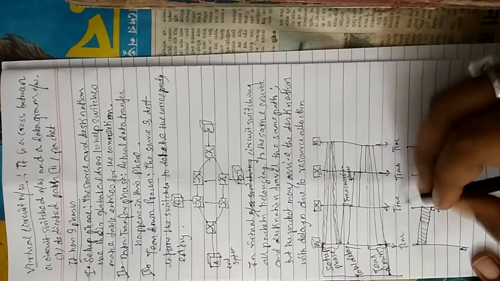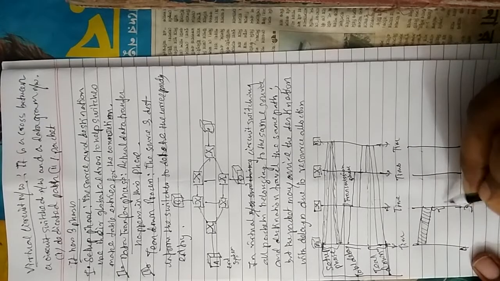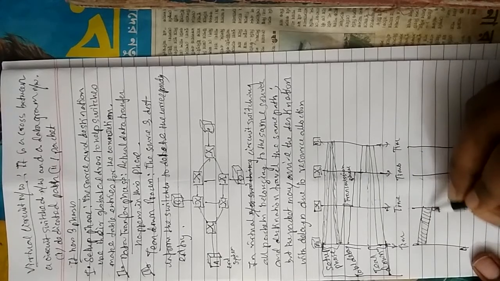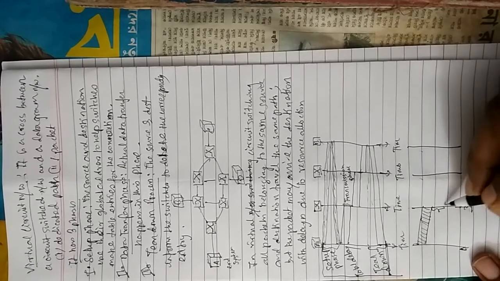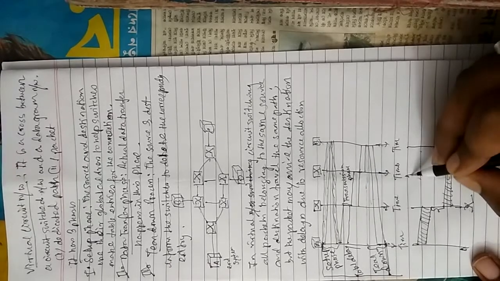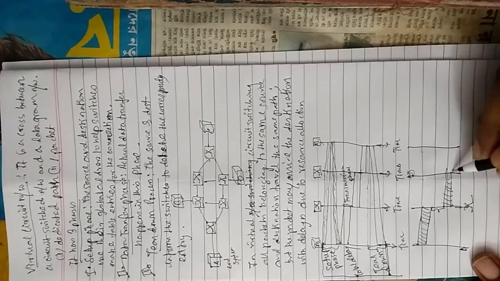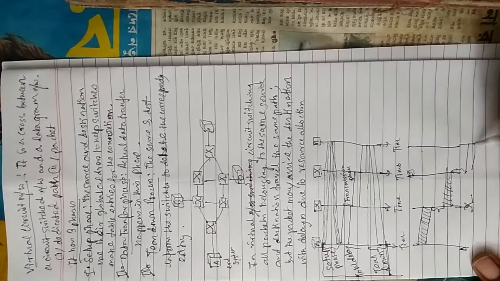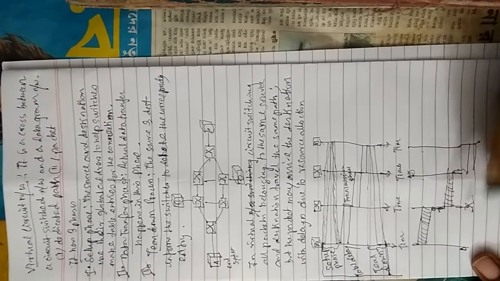Why? Because this switch will decide through its routing table in which way the packet will be sent. It will take some time, and again it will send this data to another switch. Again there will be some delay, and finally it reaches the destination. These are delays.